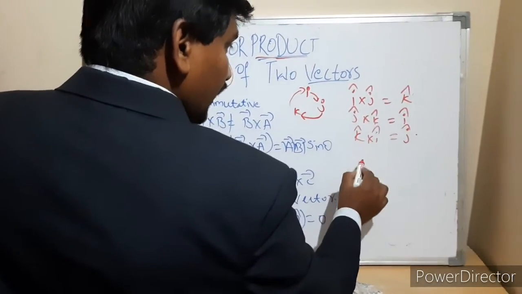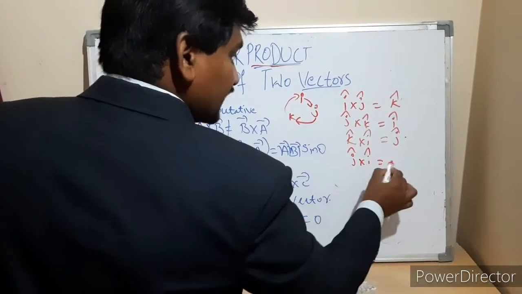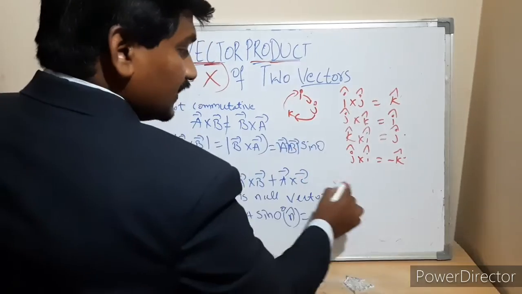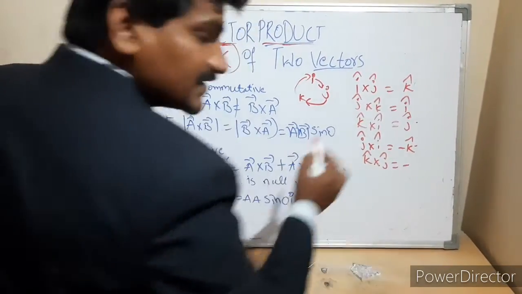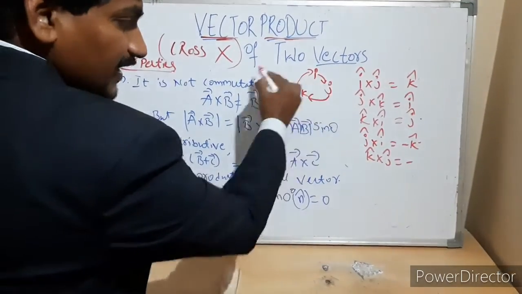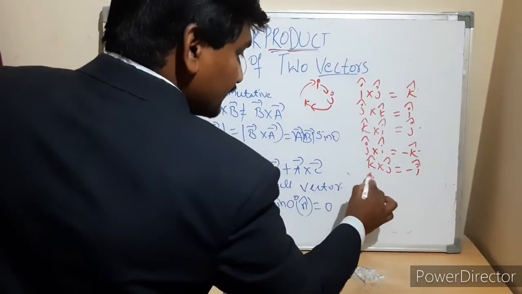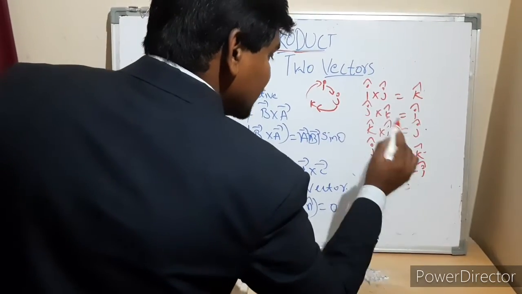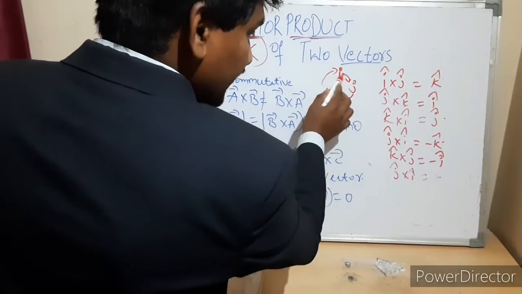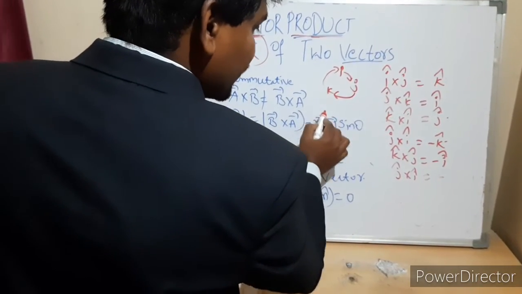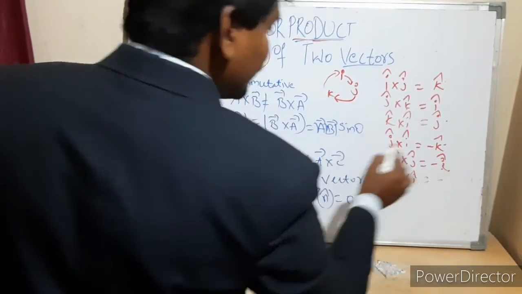Let me tell you, j cross i gives minus k, and k cross j gives minus i. If you do j cross i, you will get minus k, and k cross j you get minus i.